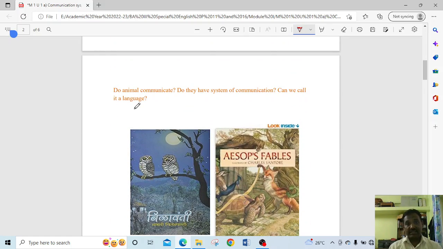Now let's understand, with these basic ideas, the animal communication system. Now you may be surprised. Do animals communicate? Do they communicate with each other, or does one species of animals communicate with another species?